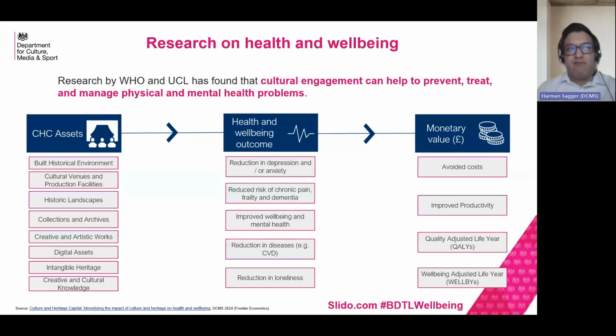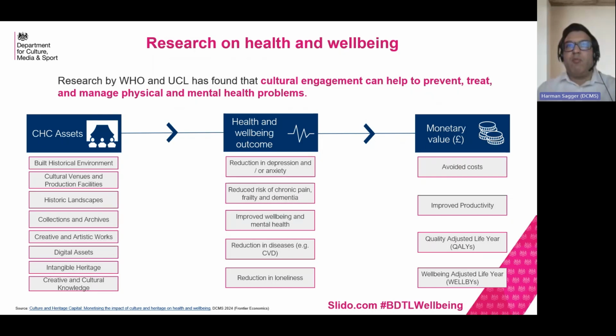That sets out a more definitional approach to how we define cultural assets, such as cultural venues, historic landscapes, digital assets, and intangible heritage, which is very important as well. And we also had what we class as cultural services, and one of those services is health services. What we looked at with Frontier and UCL was what the evidence is telling us about those impacts from culture.